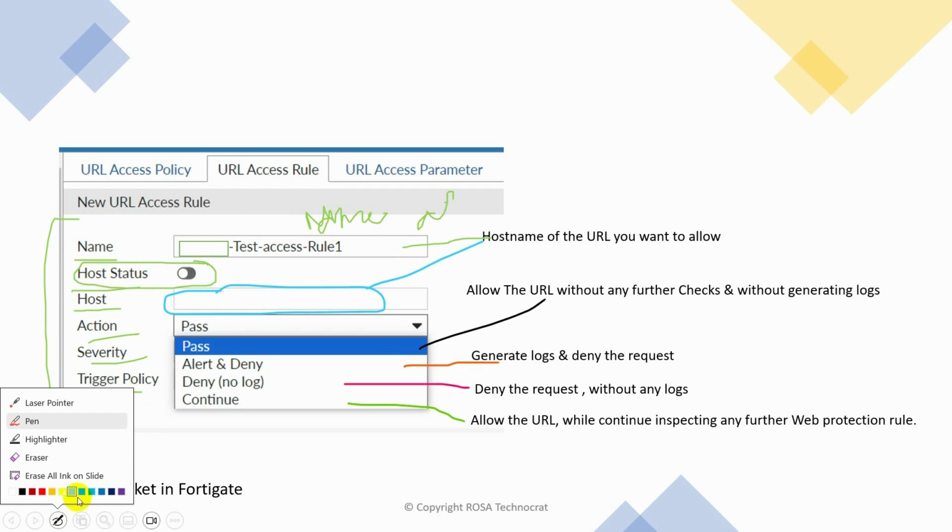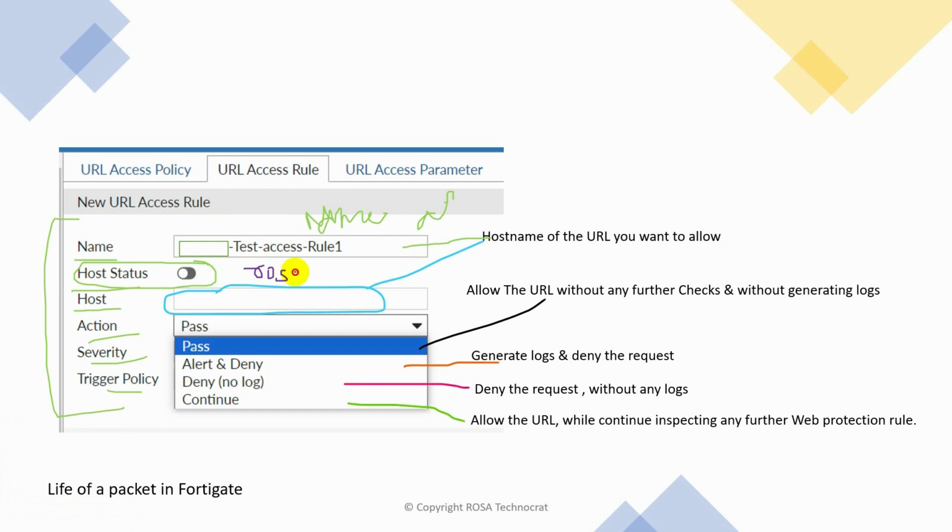Verifying the host means, as I gave an example, my website or host name is RosaTechie.ae. I can turn on the host and say if the request matches this particular host name, then what action has to be taken.